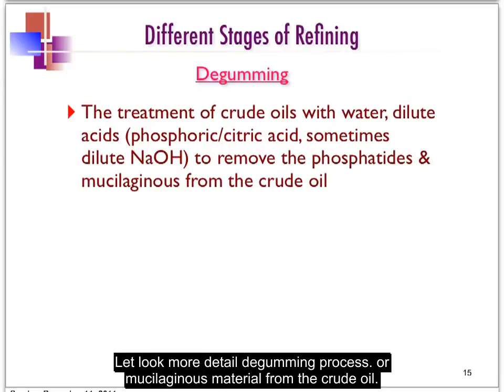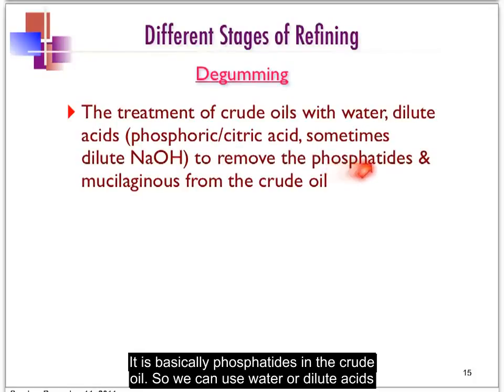Let's look in more detail at the degumming process. Degumming is basically a process to remove the gummy or mucilaginous material from the crude oil. These are basically phosphatides in the crude oil.